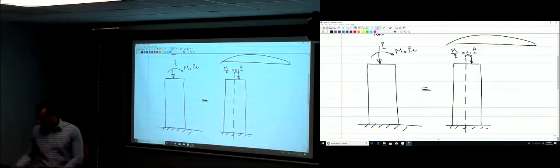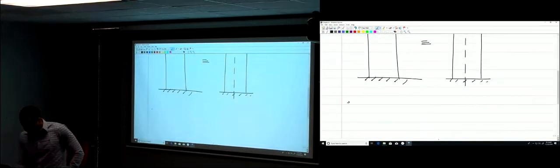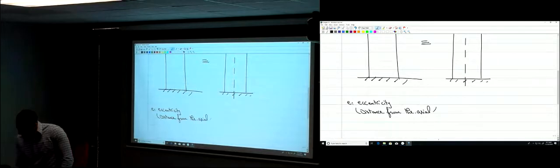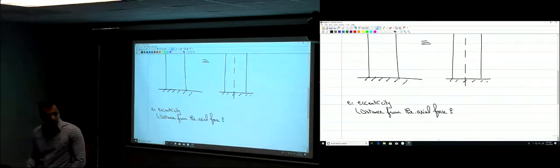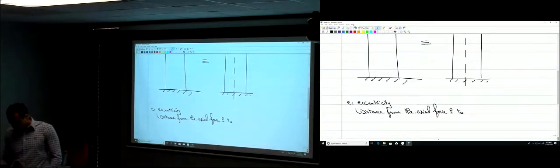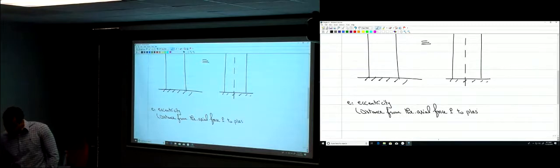No. So here, e is the eccentricity, which is the distance from the axial force P to, instead of saying the centroid, we're going to define a new term called the plastic centroid.